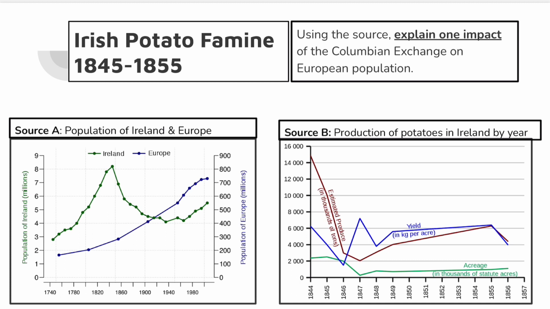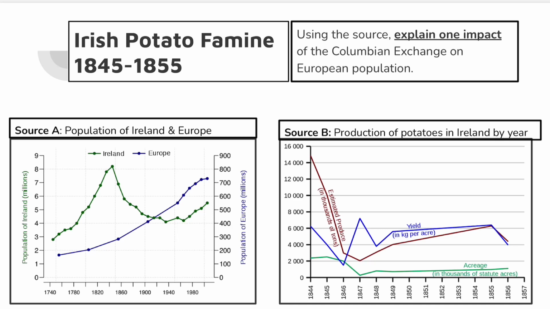Now, I know this looks like a lot. You may see this and you're like, oh my goodness, there's a graph. How do I interpret this graph? How do I even use this graph? But remember, of the 7 documents that you're provided with on the DBQ for the AP exam, 1 of the 7 is always going to be an image, a visual. It could be a painting, it could be a photo, it could be a graph.